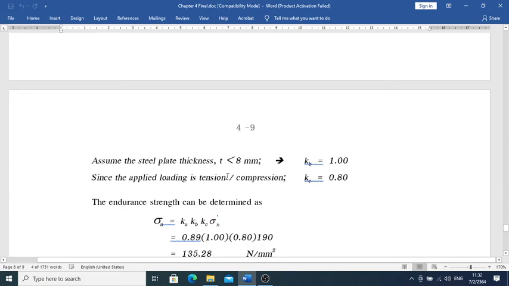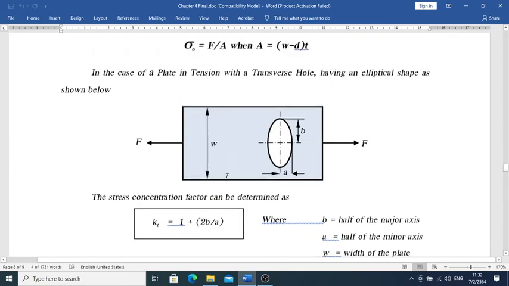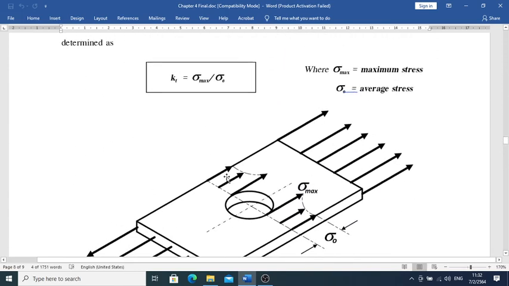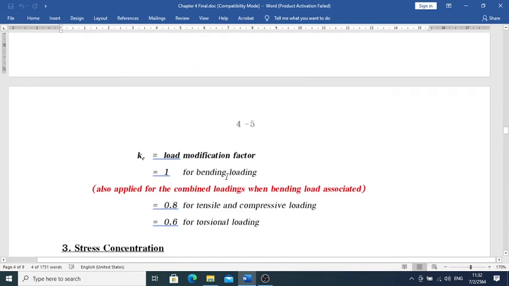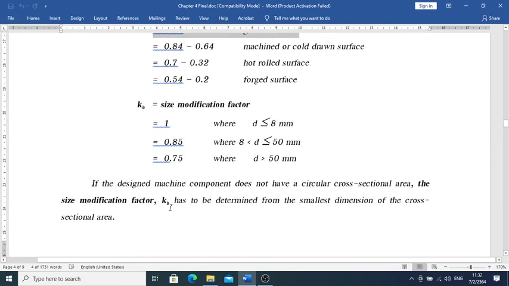So on page number 5 there, K_b is in between 8 to 50, using the thickness, so therefore 0.85.